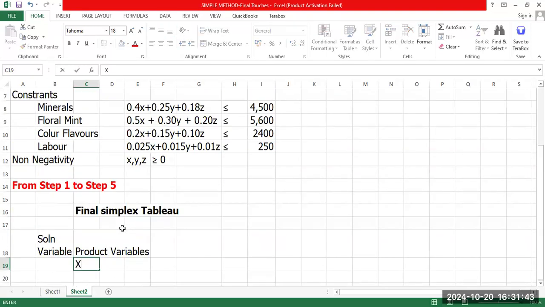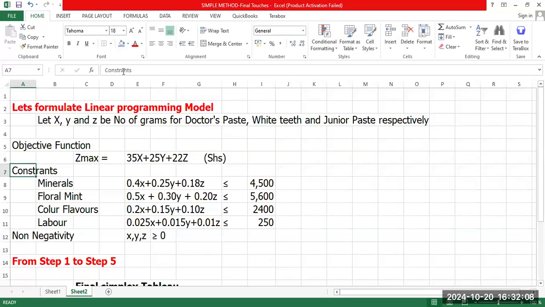You have X, Y, and Z. Then you have slack variables. Now how many slack variables will you be having? There will be 4, because we have 4 constraints.